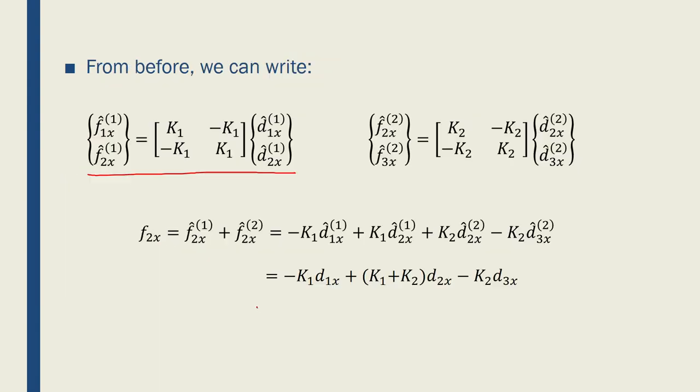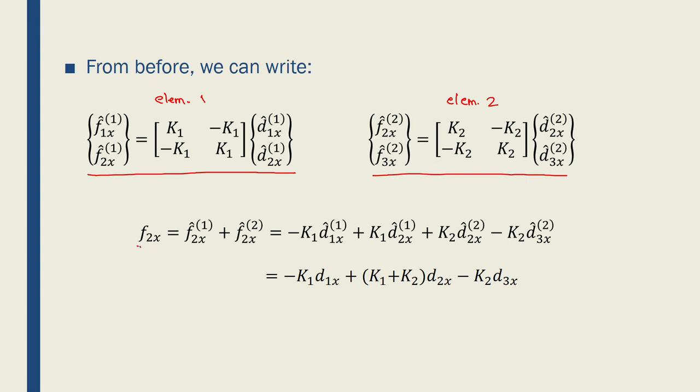So I can write this equation for element 2. So this is element 1, and this is for element 2: F2x2, F3x2 equals [k2, -k2; -k2, k2] times d2x2, d3x2, all with hats. And here we have d2x1, which is different from these ones.